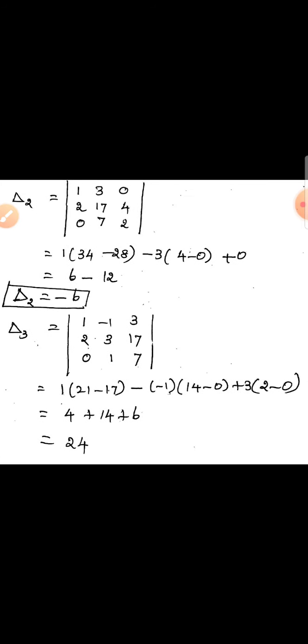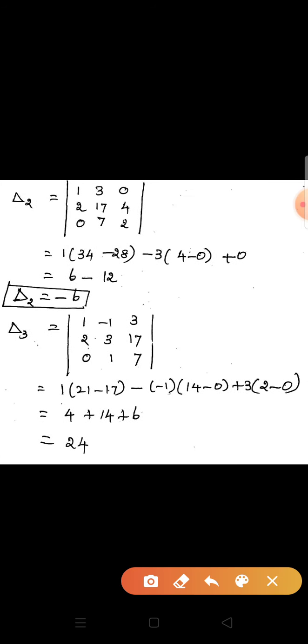Next we are going to find the delta 2 value. Yes, very good. How do you find the delta 2 value? Here the first column has no change, and the third column has no change. We replace the second column by 3, 17, 7.